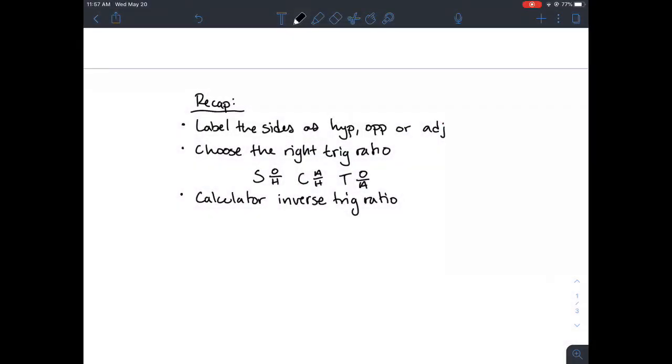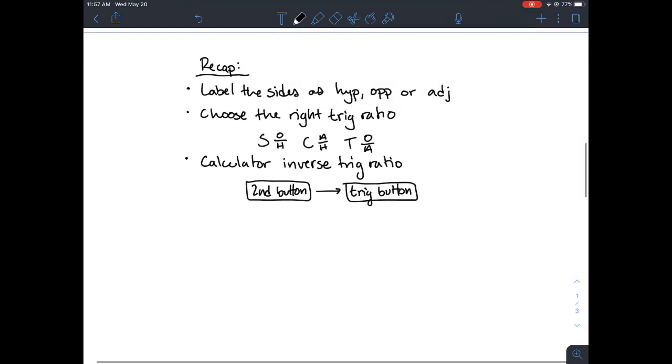And we use the calculator inverse trig ratio, which is using the second button, then our trig button, and then setting that up by putting either our sine, cosine, tangent, whichever one we're using, to the -1 with our ratio inside of it.